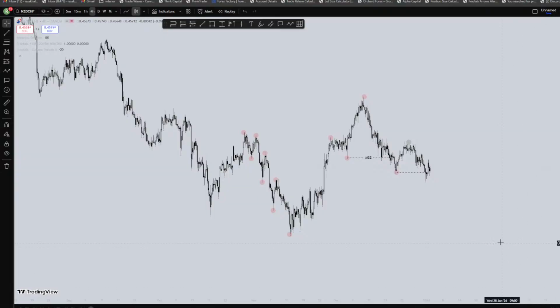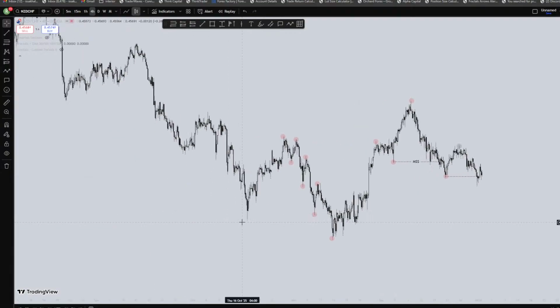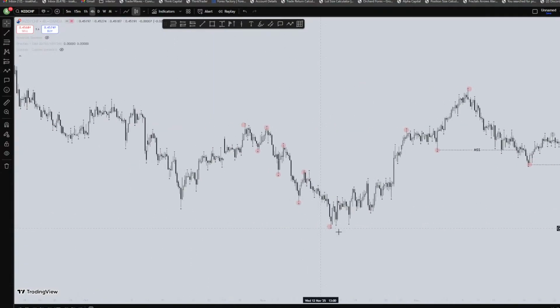Now on the 4-hour, sorry, external breakout structure, supported before.